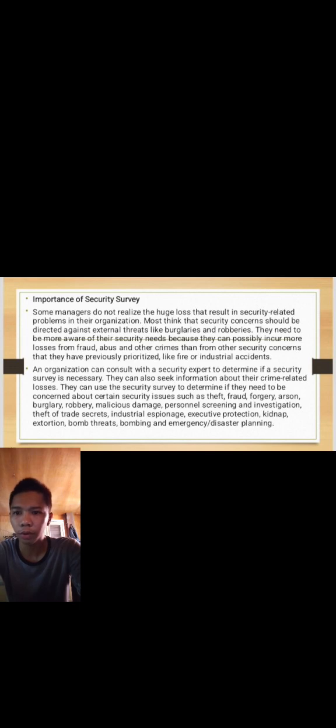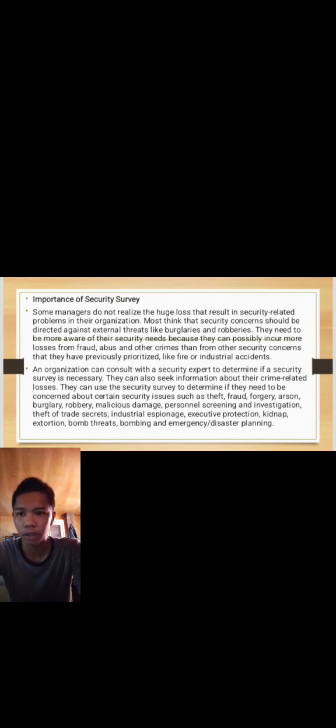They need to be more aware of their security needs because they can possibly incur more losses from fraud, abuse, and other crimes than from other security concerns that they have previously prioritized, like fire or industrial accidents.